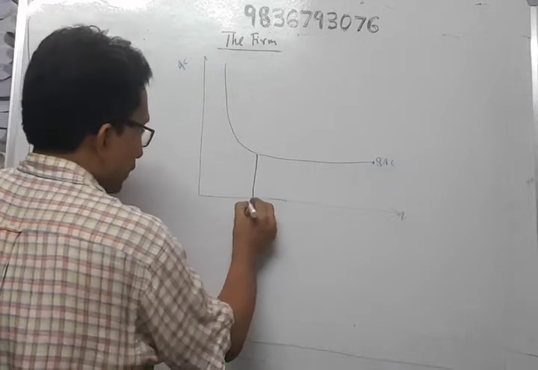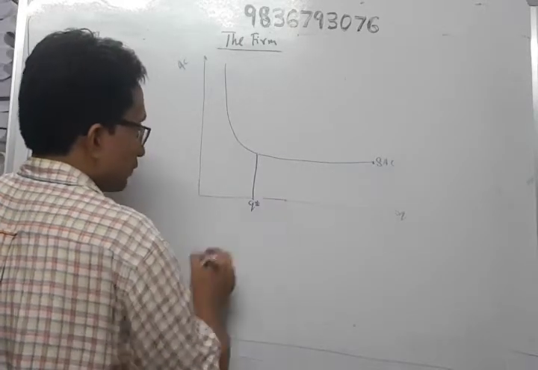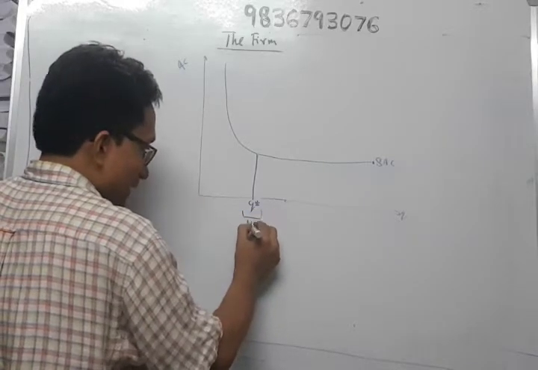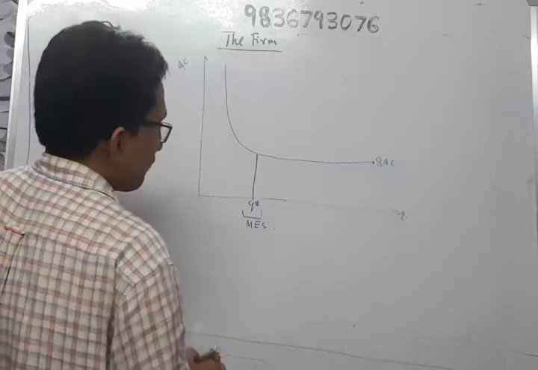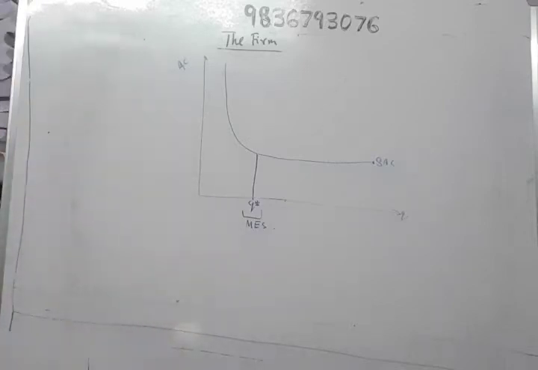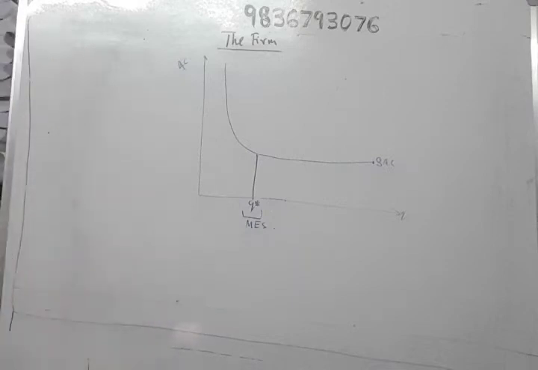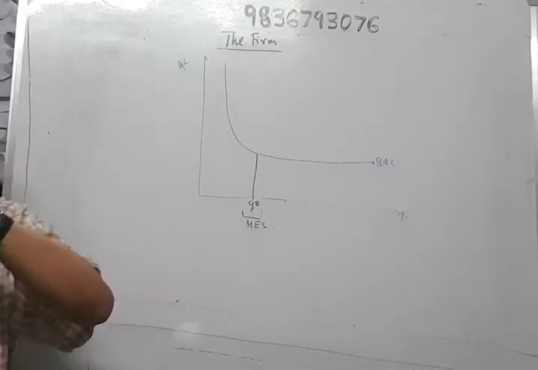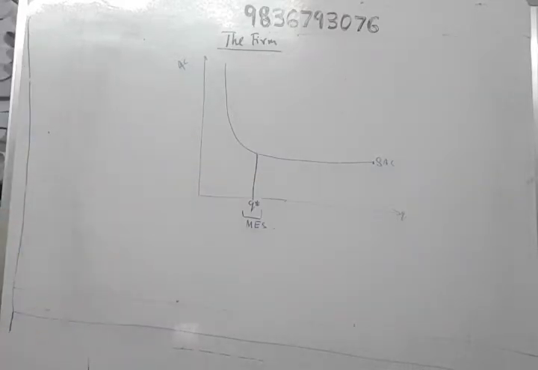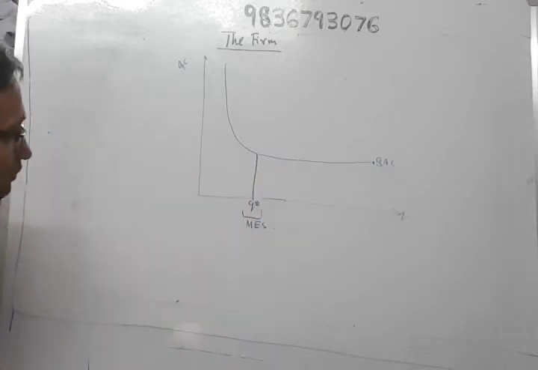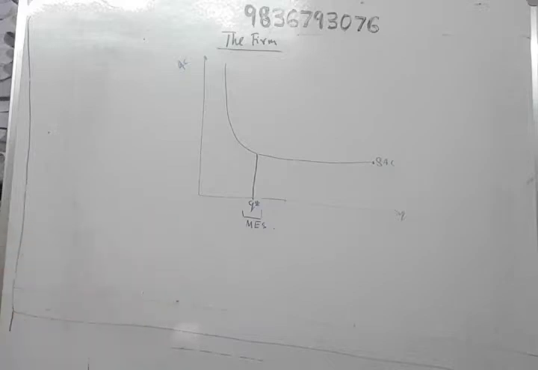That is known as the MES, or the minimum efficient scale of output. So minimum efficient scale of output is only applicable in case the short run average cost curve represents a shape like this, or an L-shaped structure, somewhat approximating an L-shaped structure. Then we will be talking about the smallest possible level of output at which the cost of production is lowest, and that is at the minimum efficient scale. Okay.